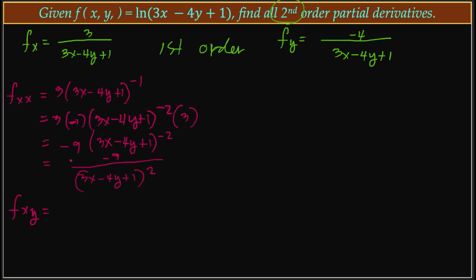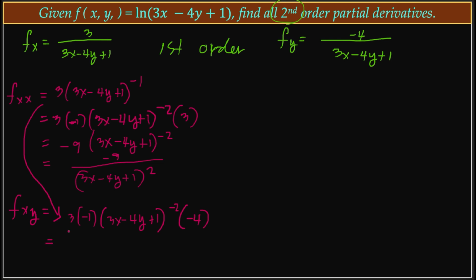And finally, the answer will become negative 9 all over 3x minus 4y plus 1 raised to 2. So with respect to y, from this step, this will become 3 times negative 1 times 3x minus 4y plus 1 raised to negative 2 times negative 4. This negative 4 came from the derivative of the inside function with respect to y. That will become negative 4.